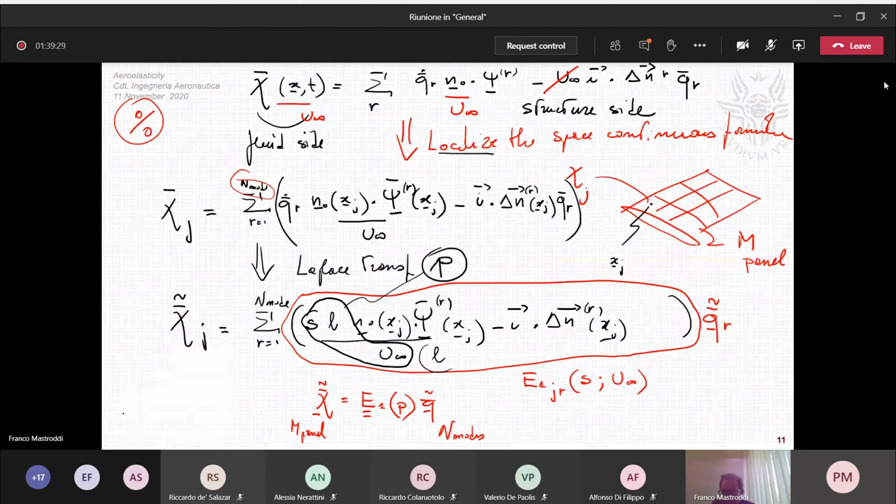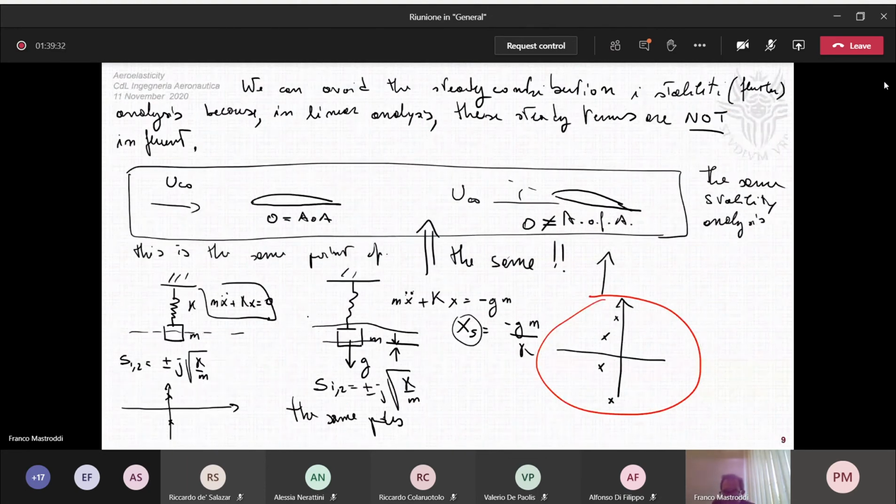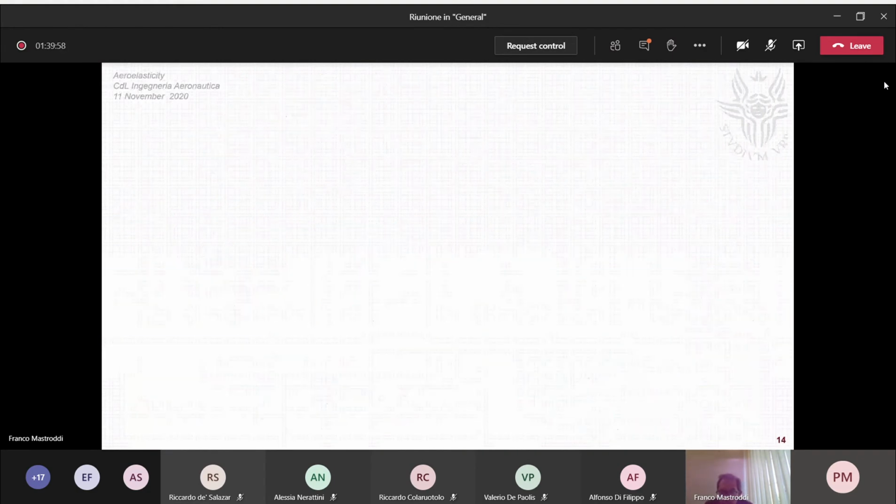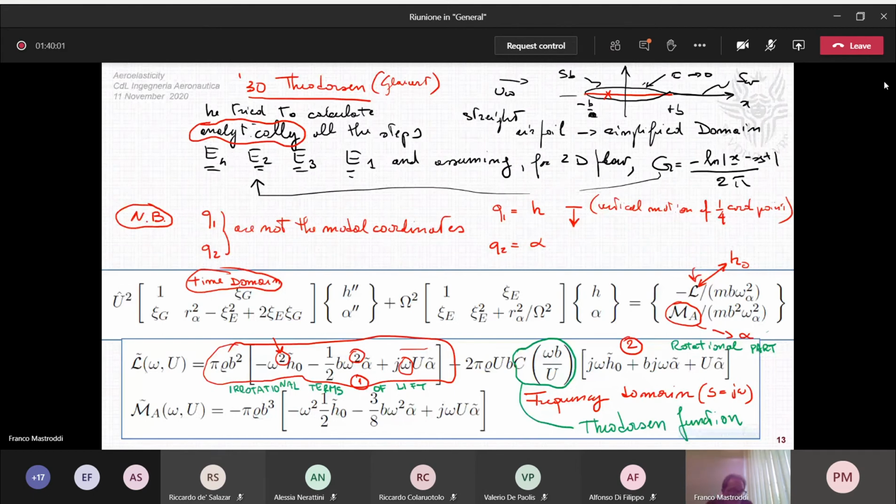This term here is the source of the rotational contribution in the flow, because this is the term responsible for the delay induced by the wake. Okay? And so we have just now an idea of what happens.